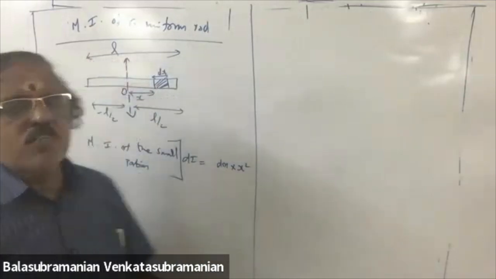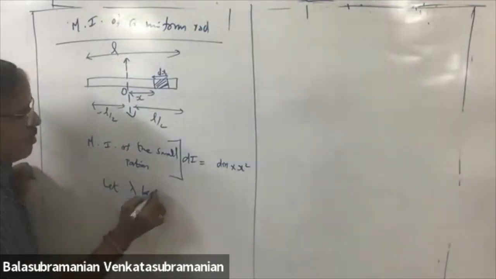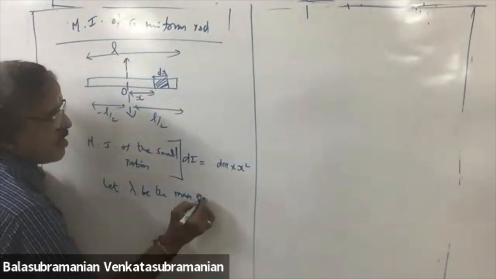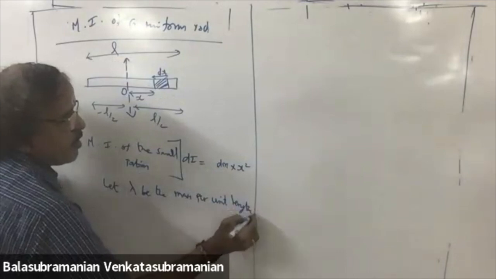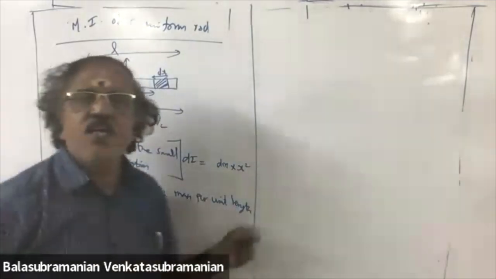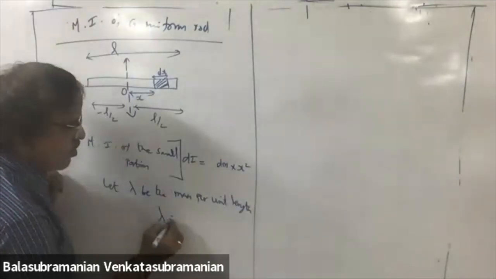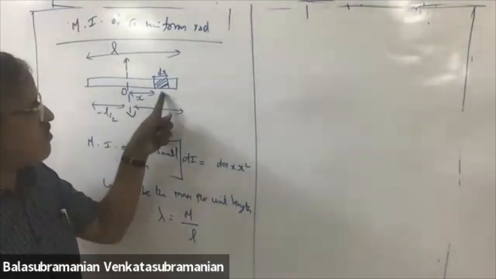Here we are going to introduce a new term. Let lambda be the mass per unit length. That is, lambda is equal to total mass by L. dm is the mass of the small portion.